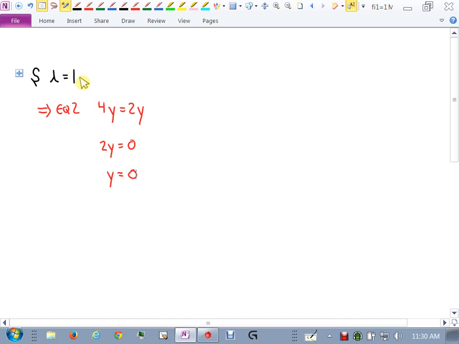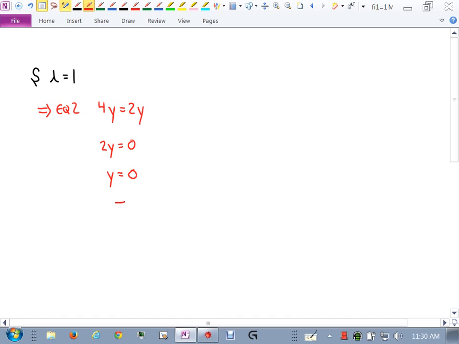So I know what lambda is. Lambda being 1 forces y to be 0. What about x? Where am I going to get that from? Yeah, that's equation 3, okay?